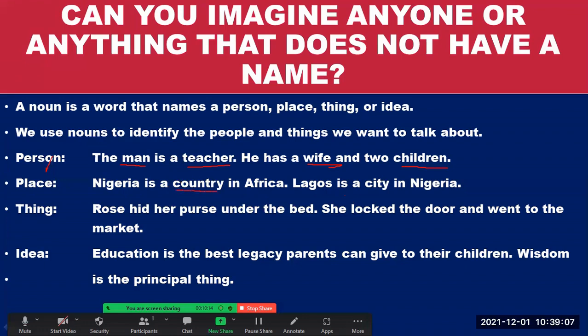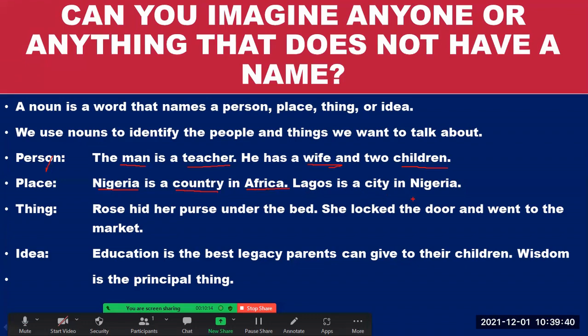Now, first of all, talking about the common nouns here, then we can talk about a country. But when you look at Nigeria is a country and Africa is a continent. Now, Nigeria and Africa are proper nouns because they are the names of particular places, all right? Nigeria is a place in Africa, and Africa is a place in the world.